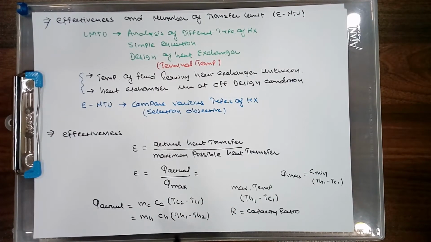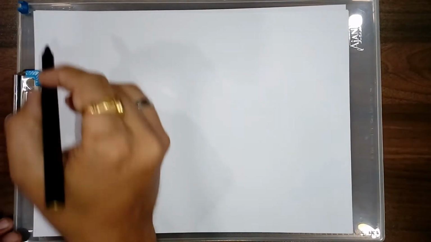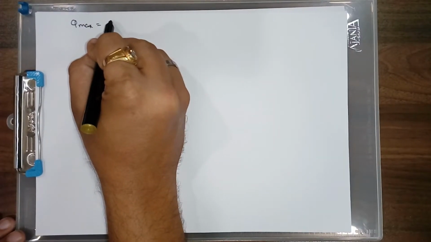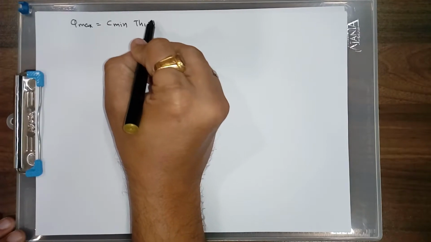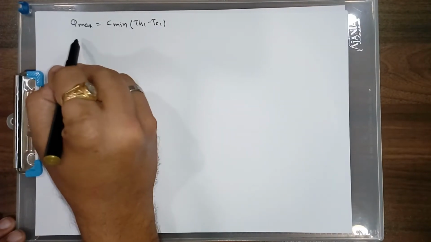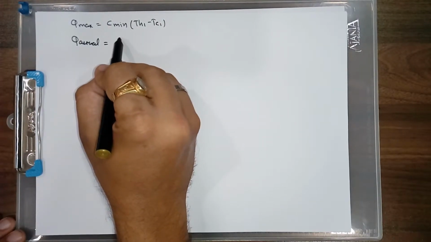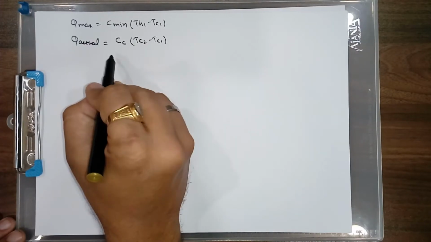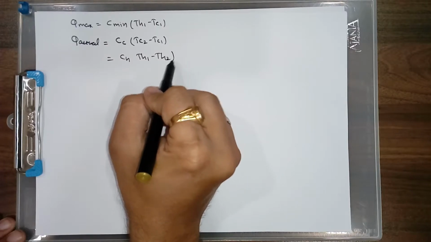Here for the actual, we will write down both formulas, for cold as well as for hot. We know that Q maximum equals C minimum into the maximum temperature difference, T_h1 minus T_c1, and for Q actual we have two formulas: C_c into T_c2 minus T_c1, and the other formula is C_h into (T_h1 minus T_h2).